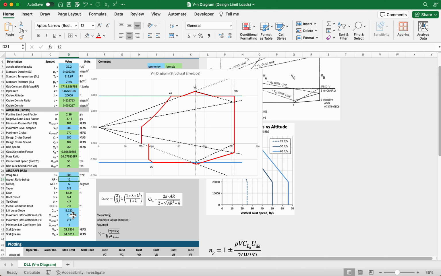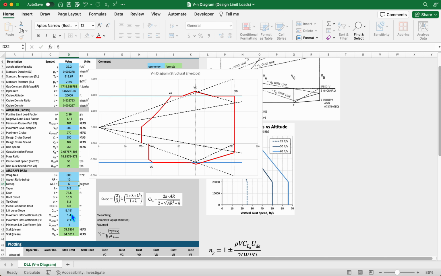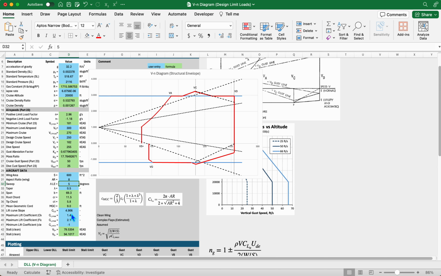So if we reduce our aspect ratio to 10, let's say, we start to see these lines shrink in. Now it's not as much of an effect as wing loading, but it does have some effect. So an aspect ratio of 8, increased even further, we have a small aspect ratio. At 6, we almost have the same effect for our gust loading as changing our wing loading on our gust lines.